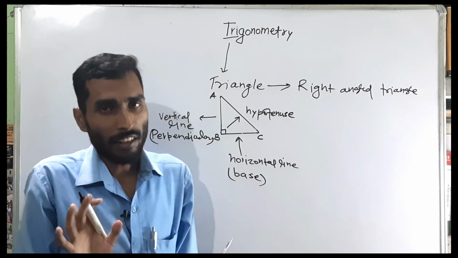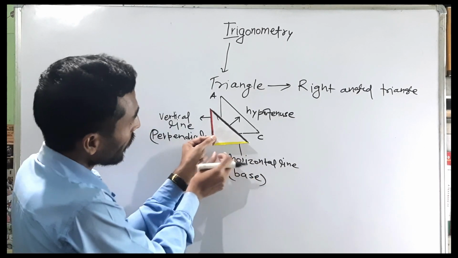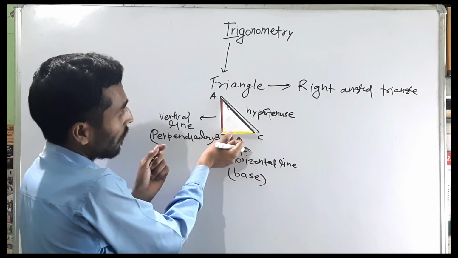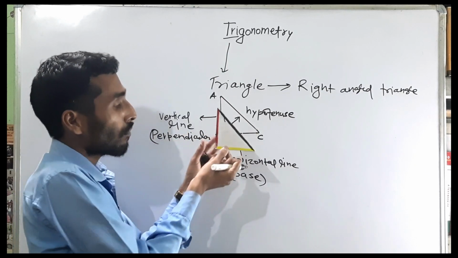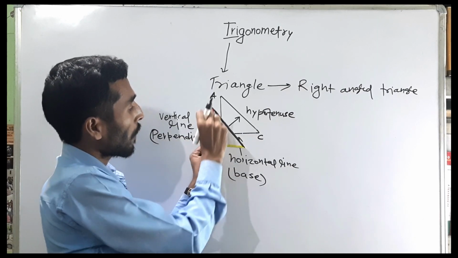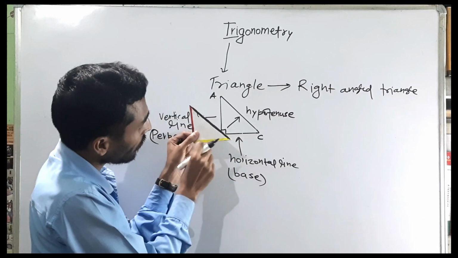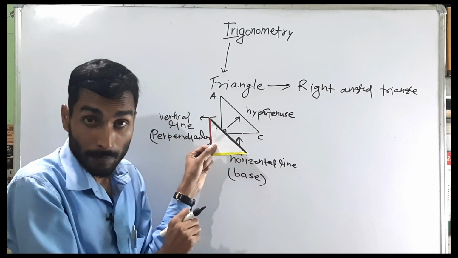But we want to clarify this. This is a right angle triangle. So basically what you are trying to say is that this vertical line is the perpendicular and this horizontal line is the base.